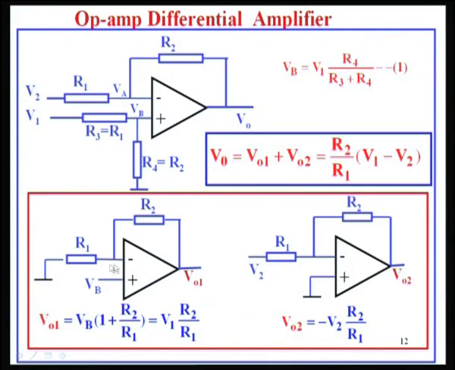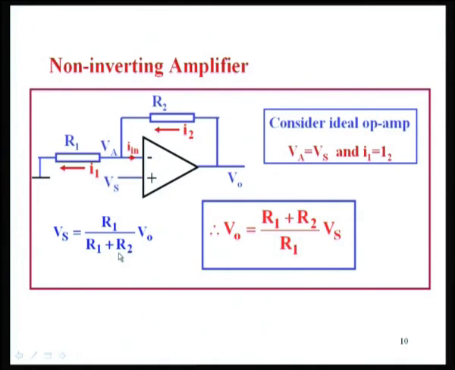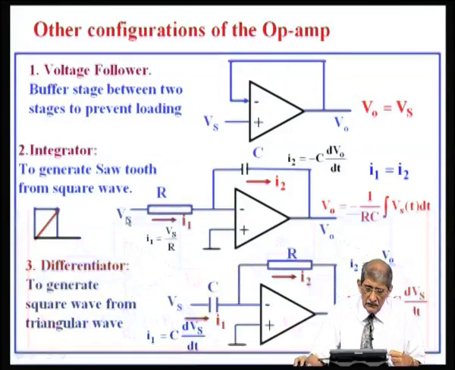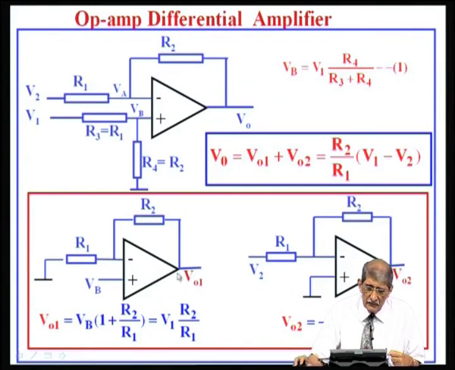The V naught 1 due to this amplifier will be V b into 1 plus R 2 by R 1. This is what we saw just now. If there is a signal, V naught is equal to V s into 1 plus R 2 by R 1. So, V naught 1 is equal to V b into 1 plus R 2 by R 1. Now, V b, we saw, if this is R 1 and this is R 2, is equal to R 2 divided by R 1 plus R 2.